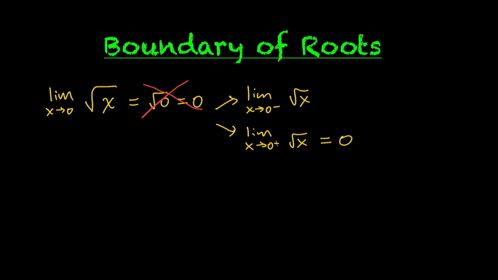But on the left, you're plugging in negative numbers. You're doing square root of negative 0.1, square root of negative 0.01, and none of those values exist. These things don't exist. And when these two values don't line up, one side goes to 0 and one side doesn't exist, overall, they don't go to the same thing, so our answer is the limit does not exist.